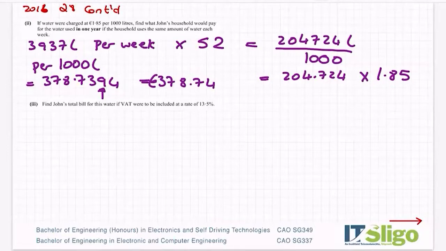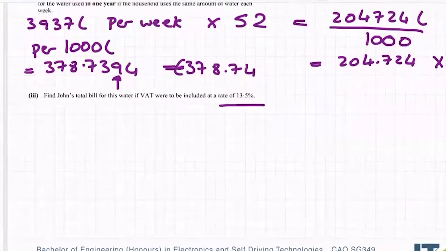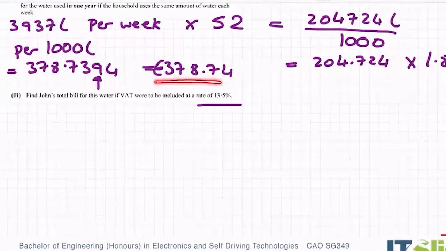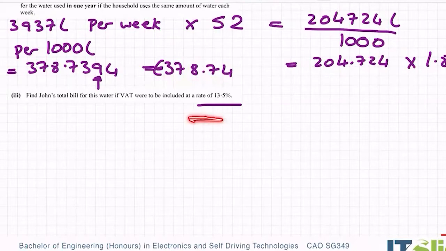Okay, find John's total bill for this water if VAT were to be included at a rate of 13.5%. So this is probably the easiest VAT question you could get asked, when you have an amount before VAT and you have to calculate the VAT and add it on. Okay, so total bill is the price before VAT plus the VAT to give you the total bill.